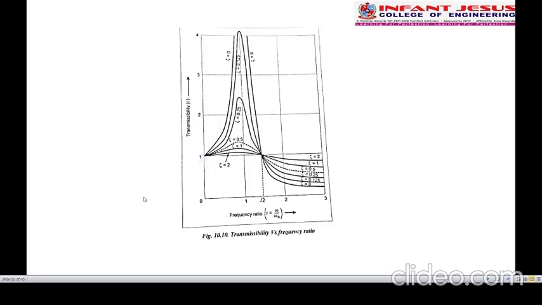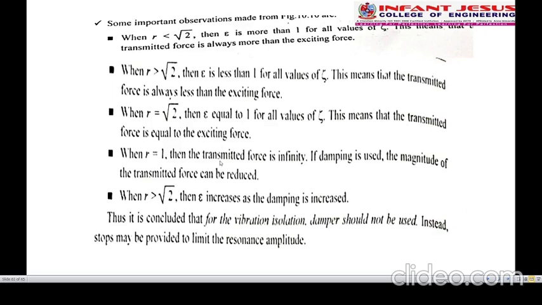So here there is a transmissibility graph against frequency ratio. From this graph we can conclude that when r is less than root 2, eta is more than 1 for all values of zeta.